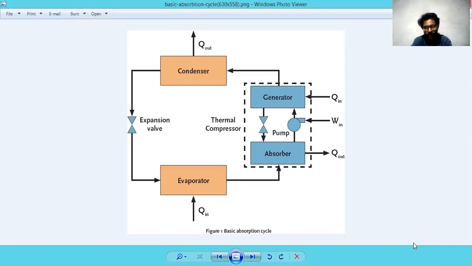And in the right side of this diagram, the combination of ammonia plus water is going to be circulated. So let us first understand the concept.